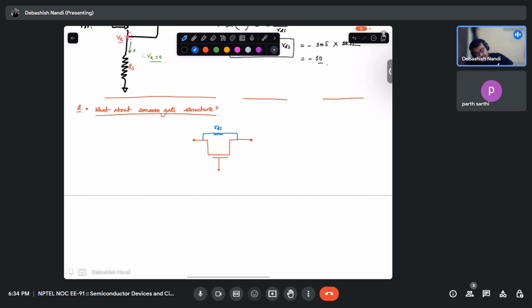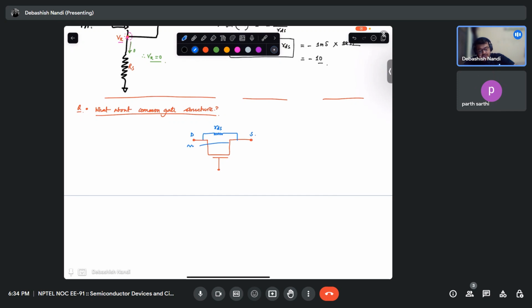This should be your RDS, let's say, and you do not know what is your input and what is your output. Depending upon which potential is higher, you will have that terminal as drain, because a MOSFET is a symmetric device. So let's say this is your input, D, this is source.